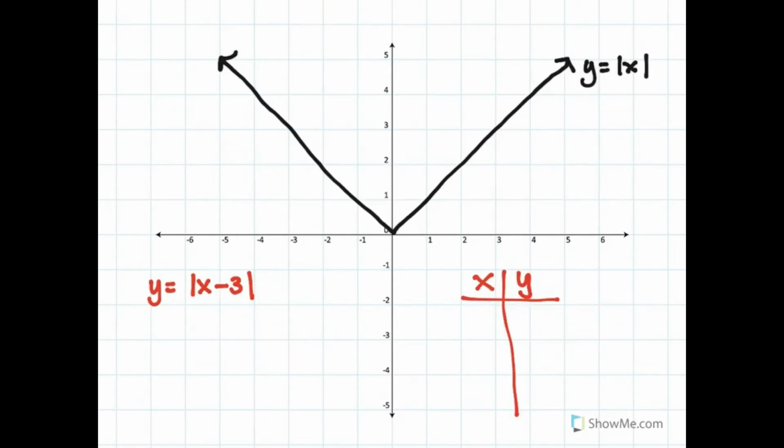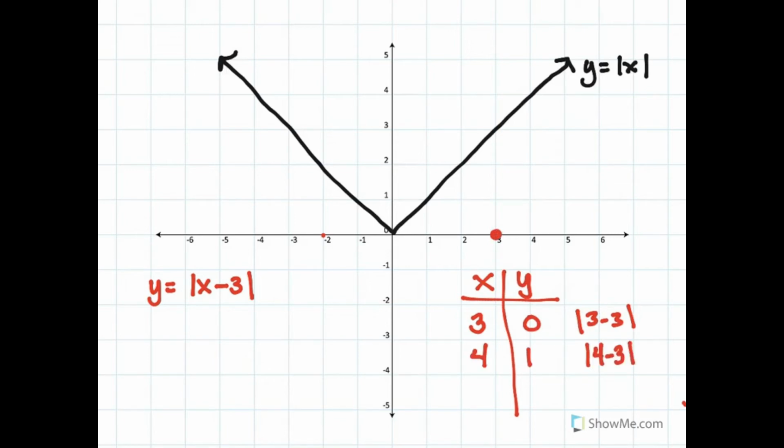Let's figure out what happens when y equals the absolute value of x minus 3. Since y equals the absolute value of x plus 2 shifted the graph over to have its vertex at negative 2, I'm going to try positive 3 for x. Then y is the absolute value of 3 minus 3, or 0. And so I have the point 3, 0. Is that the vertex?